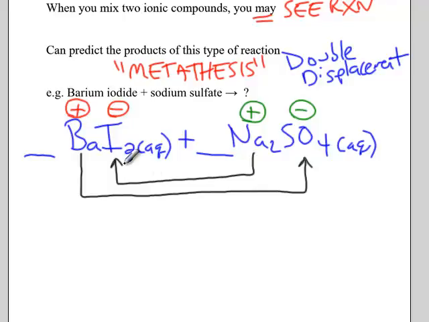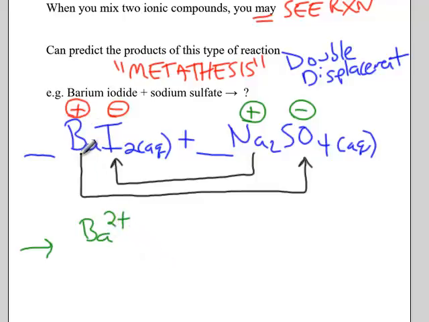So in order to figure out the products, what we're going to do is do another crisscross. We're going to take the barium and pair that up with the sulfate. The most important part of this that most people miss is they forget to do the crisscross.